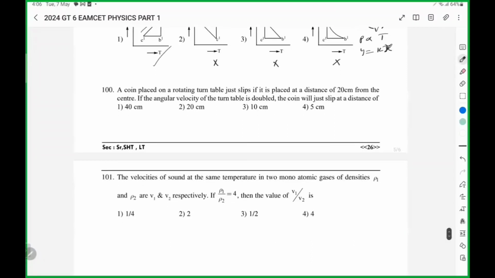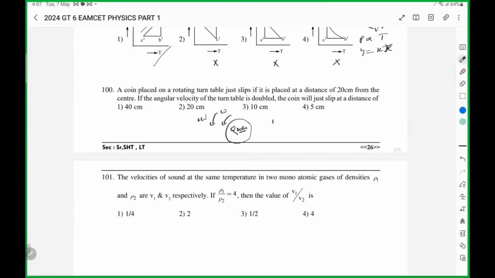A coin is placed on a rotating turntable, and just slips off if it is placed at a distance of 20 centimeters. If the angular velocity of the turntable is doubled, so omega is doubled, the coin will just slip off at what distance?